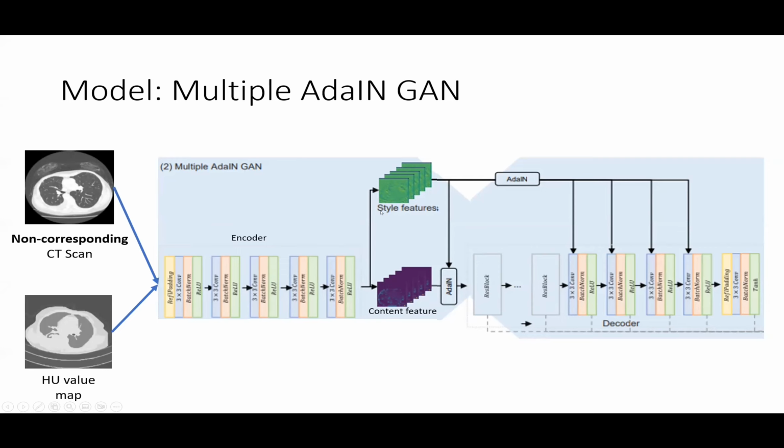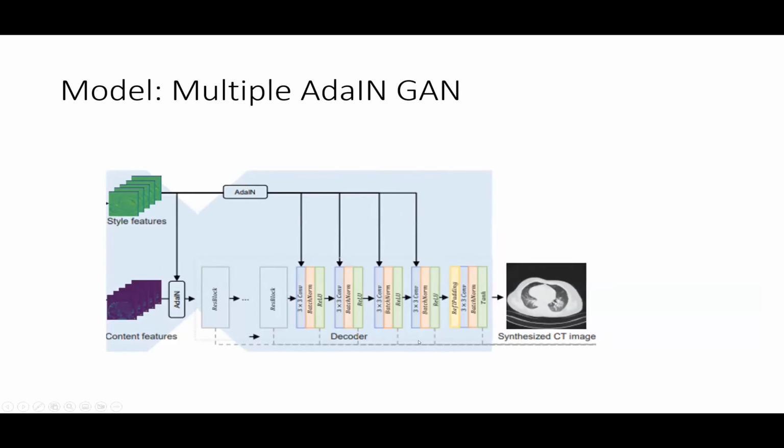The style features are different because we're adding them to each convolutional block. That's where it's really going to help create the mask part, so the segmentation of the image. The first thing we get out of this decoder is our synthesized CT image, which you can see is different.